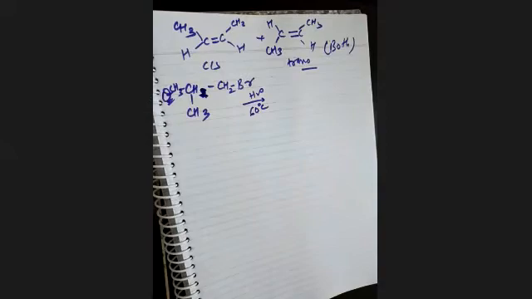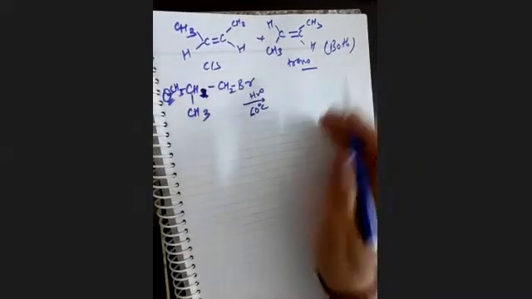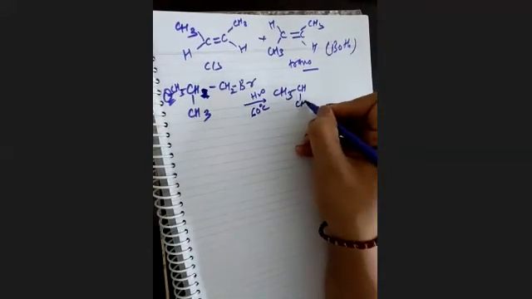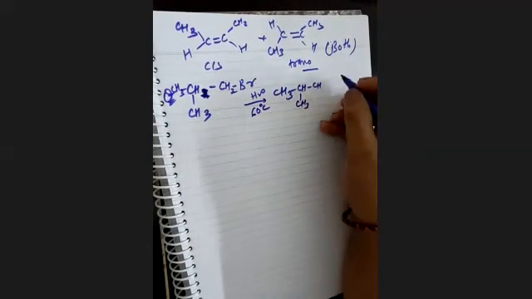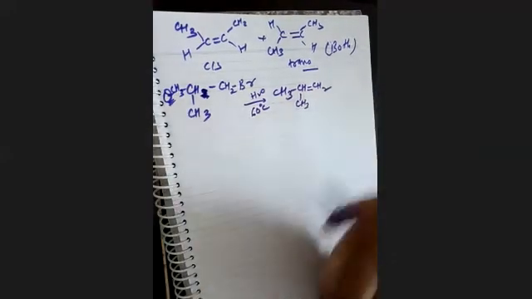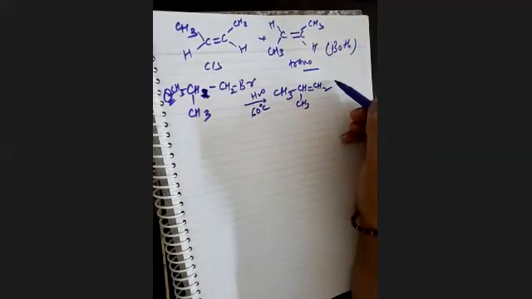So what will be the final product? Generally what students used to do, they just substitute this bromine here and form a bond. But here that will not form. See, let's try to make it. According to you this will be the answer, but this is wrong here.